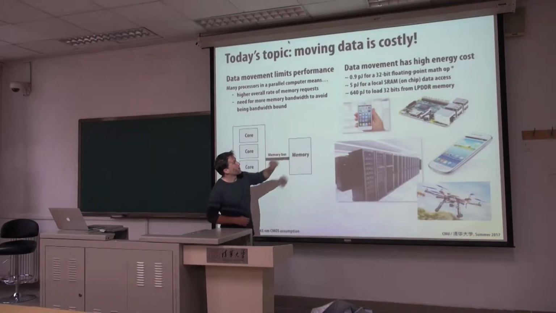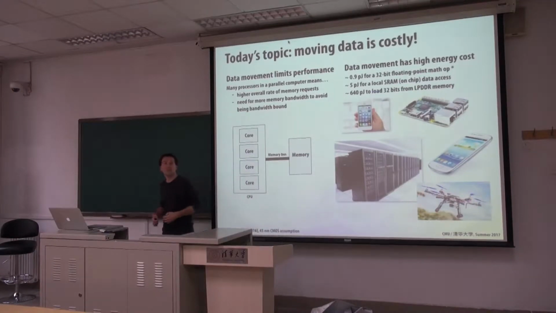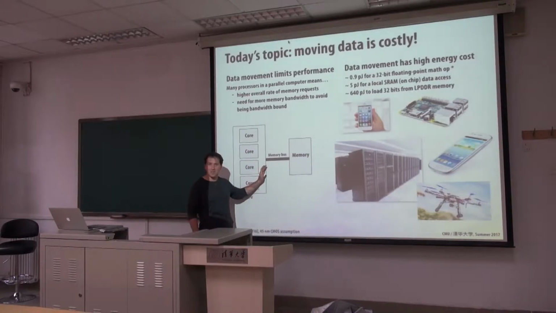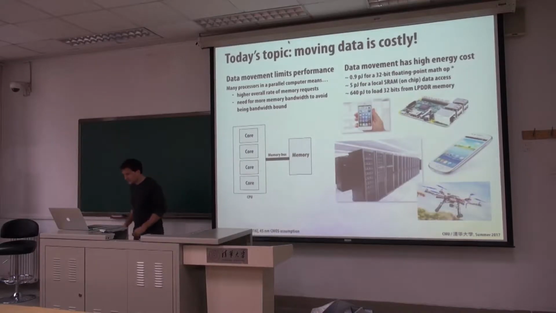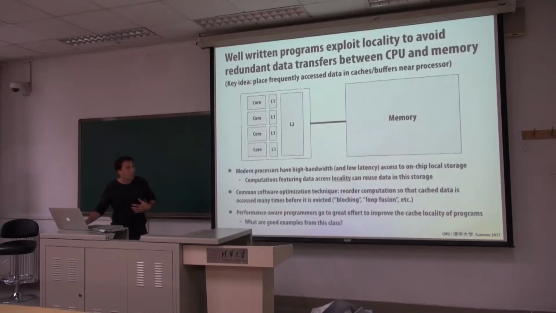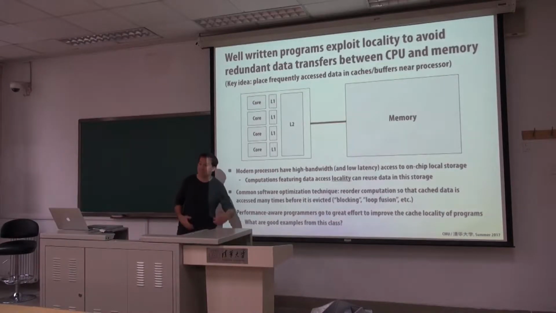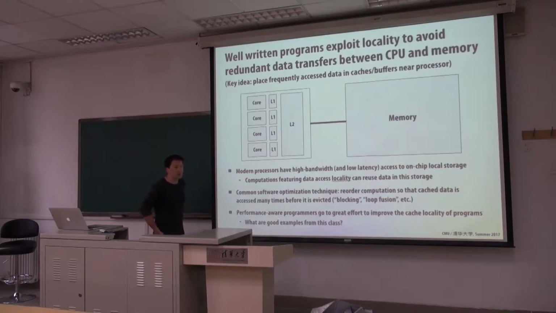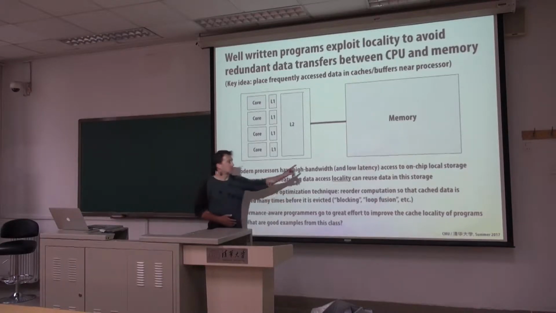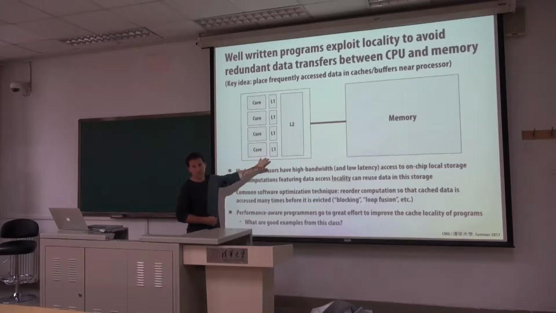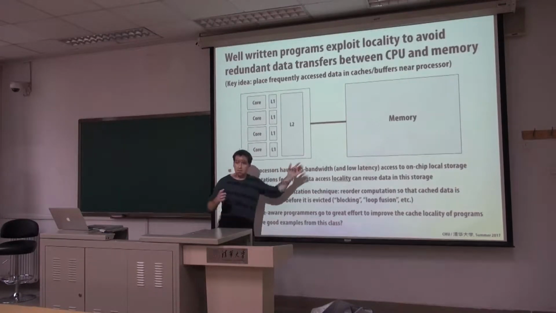And at one point, we talked about how it could be hundreds of times more energy to move data from memory to the processor than it is just to do math on the data once it's in the processor. So well-written programs, and we have talked about many examples, will try to move data from memory to the processor's storage, like a cache, once, and do as much work on the data as possible before the data goes back out to memory.